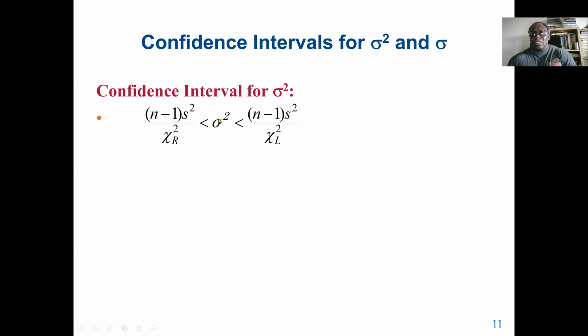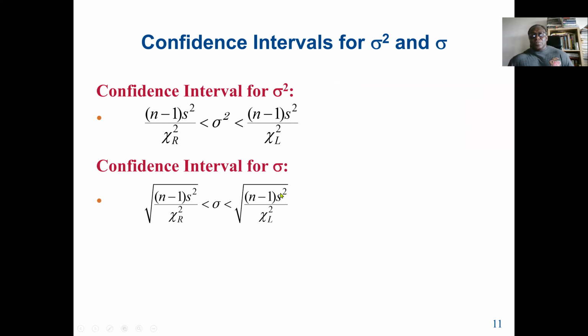So we say that the population variance should be less than (n minus 1) s squared, which is the sample variance, divided by chi-square left, and also should be greater than (n minus 1) times the sample variance divided by chi-square right. So it should be greater to the right and lesser to the left. That is the confidence interval for the population variance.